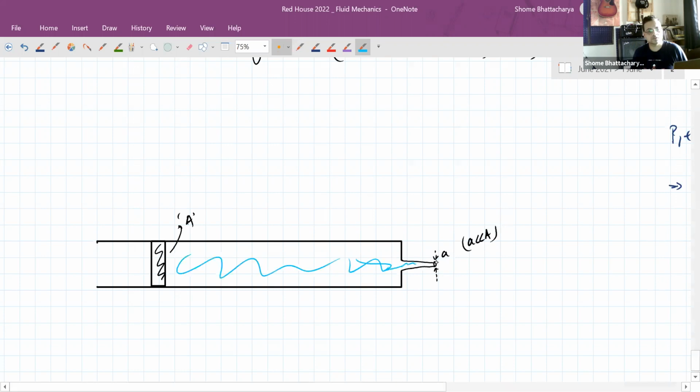It's all filled with liquid. So liquid comes out in a jet like this over here. If we push this with the force of F.